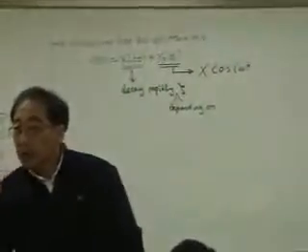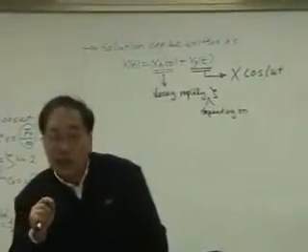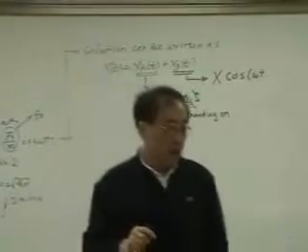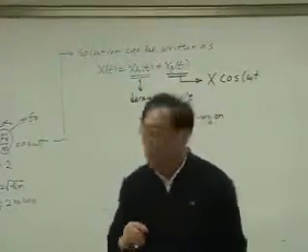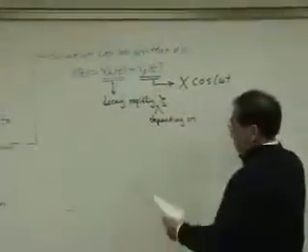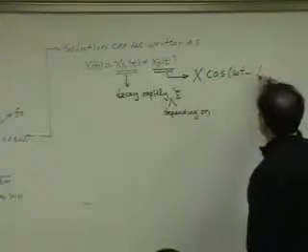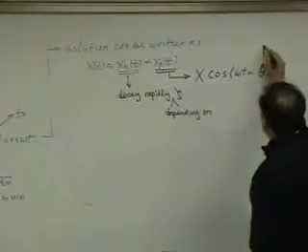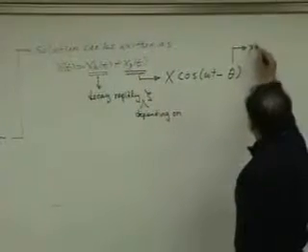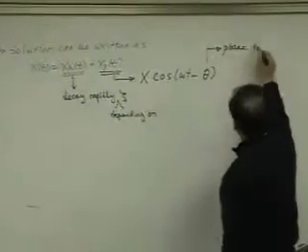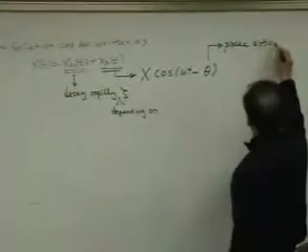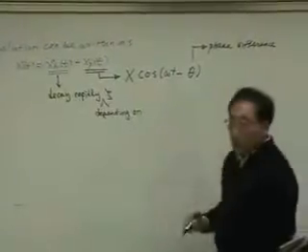But because we have a zeta, there is some phase lag because of the zeta. So then I write omega t minus theta. This is the phase difference. Okay.